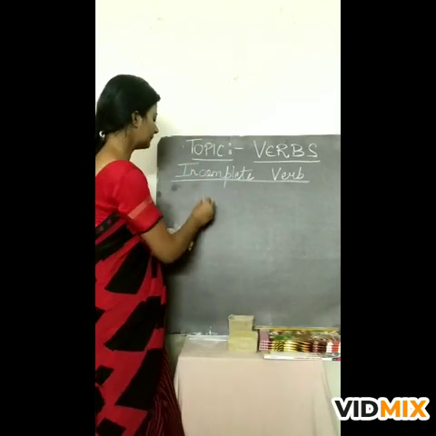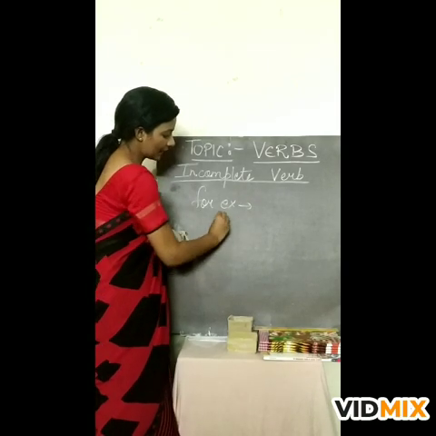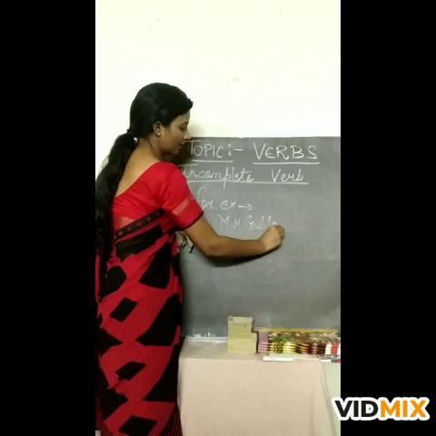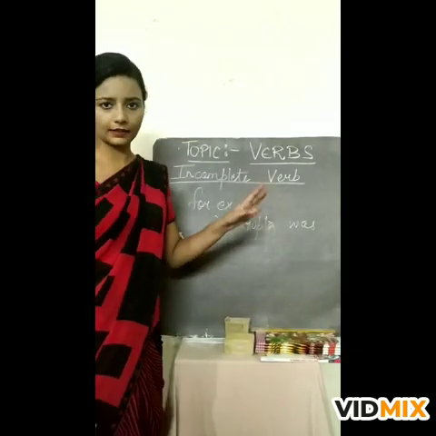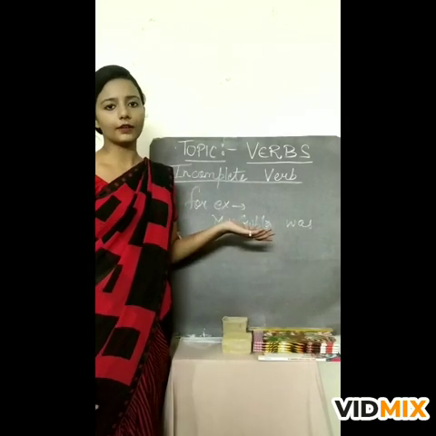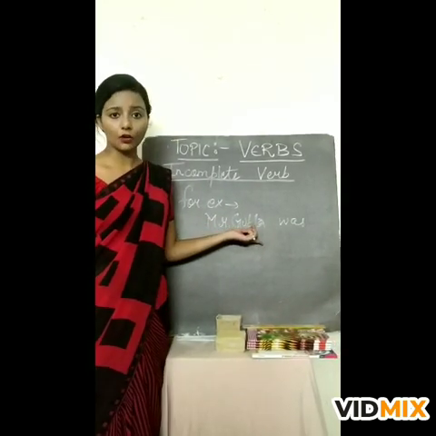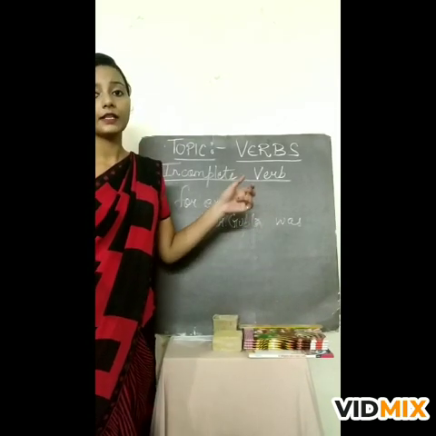For example, Mr. Gupta was. Now students, if I say this is a sentence given to you, what will you all do? You all will say, ma'am, I think this sentence is a little bit wrong because this sentence is not making a complete sense.